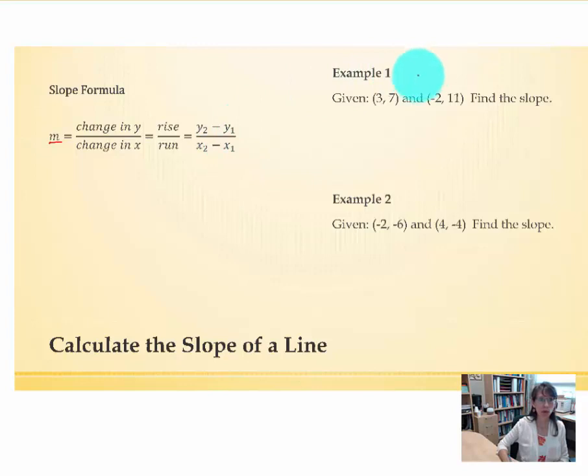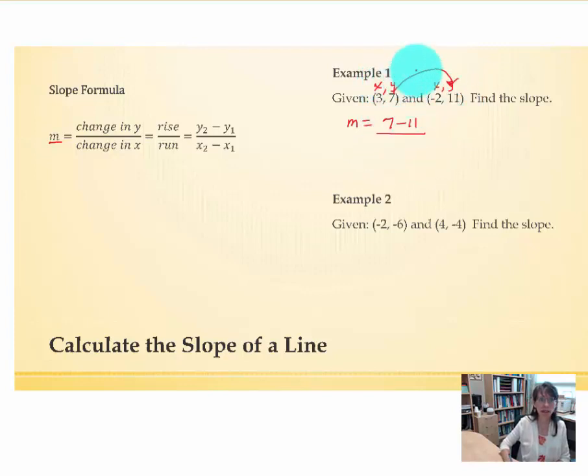So if we are given two ordered pairs, remember that ordered pairs are an x paired with a y value. So each point has an x and y value. To find the slope, m, I'm simply going to go from left to right and subtract those y values. 7 minus 11.